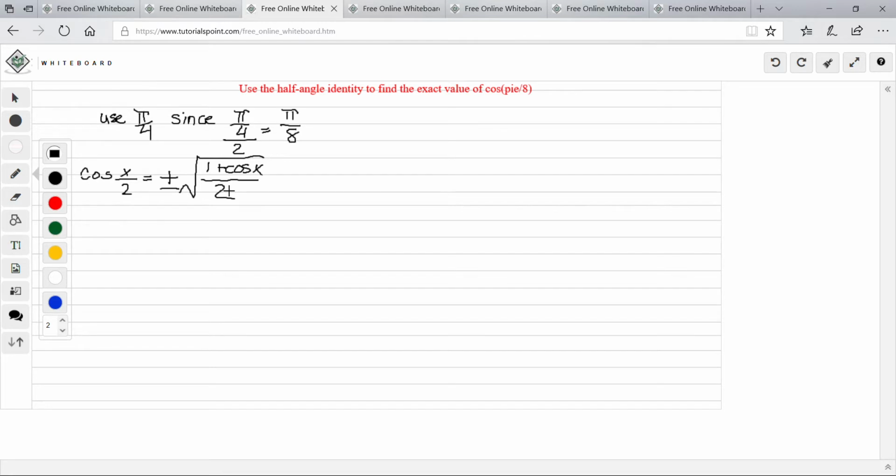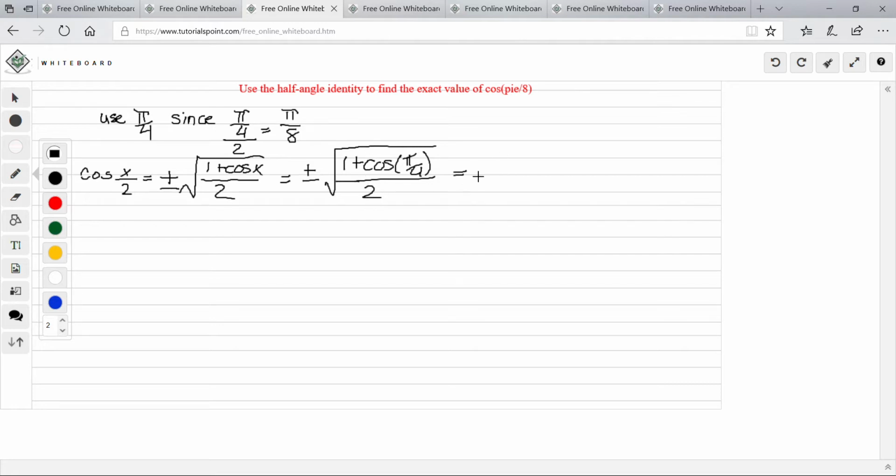We'll just have to plug it in, so plus or minus the square root of 1 plus cosine of pi over 4, not pi over 8, over 2.